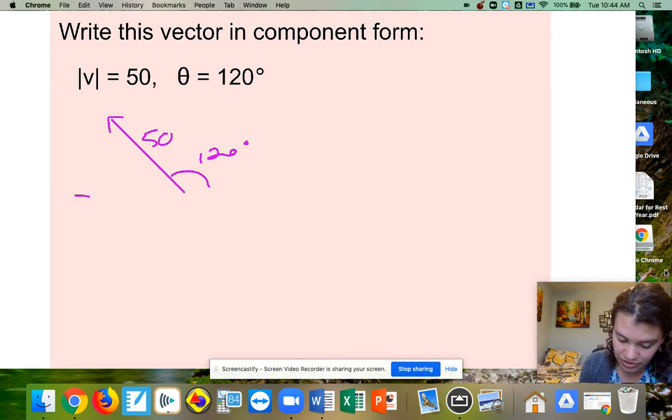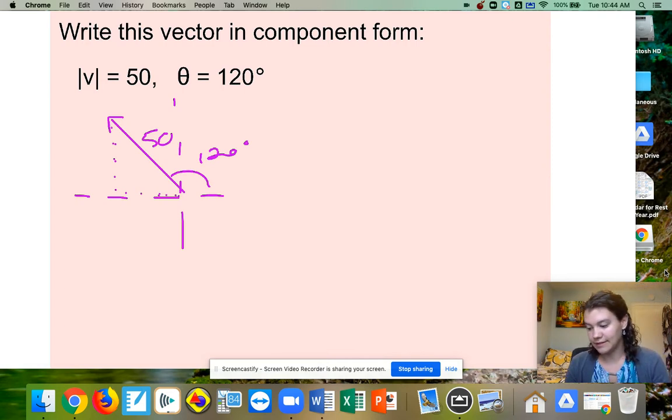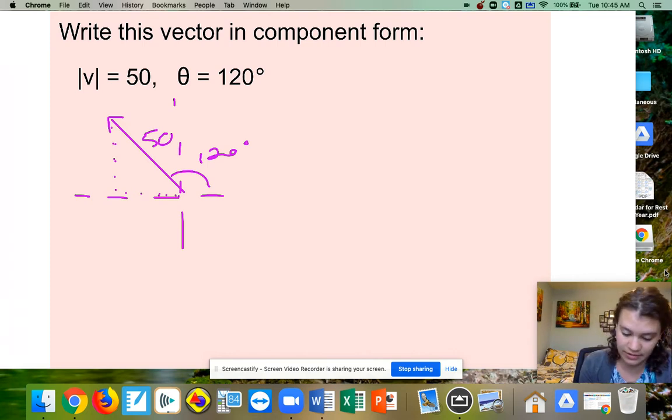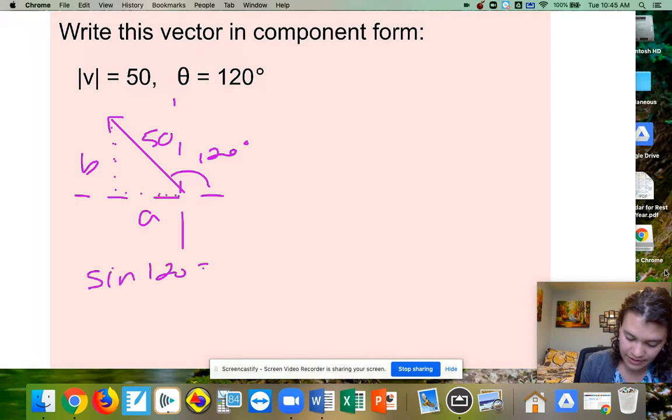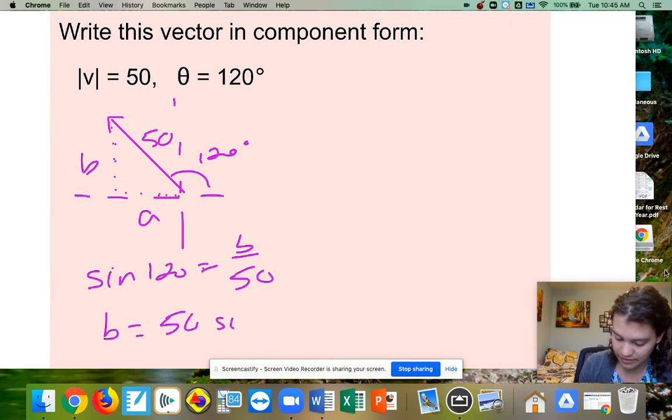So if we sketch in your xy coordinate again, and we sketch in x and y here, we can then find each part using trig values. Let's call this a and b. If we want to find b, we know the sine of 120 is going to be the opposite over hypotenuse, or b over 50. You can solve this to end up getting b equals 50 sine of 120, which is then 25 root 3.